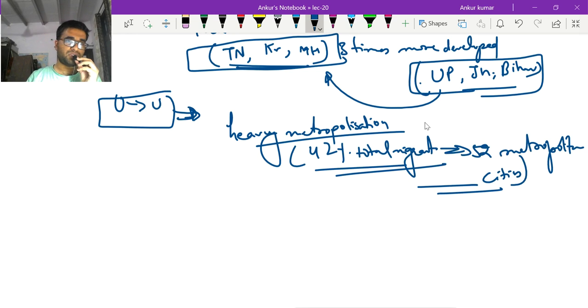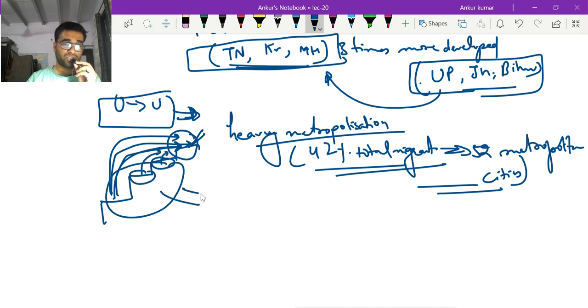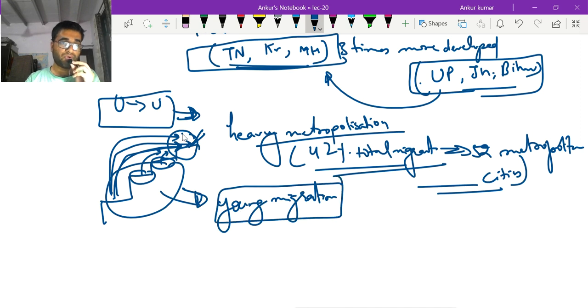So the large metropolitan cities, which are million plus cities, are witnessing heavy metropolization. That means if you see the step migration, the small urban centers are being bypassed, and the population is directly migrating to the large urban centers, right? So this is leading to heavy metropolization in these large cities, and these streams from the small urban centers are basically constituted by young migrants. Now in the profile of young migrants, either they are going there for education or for economic benefits. So this is the third type of stream, that is urban to urban migration.